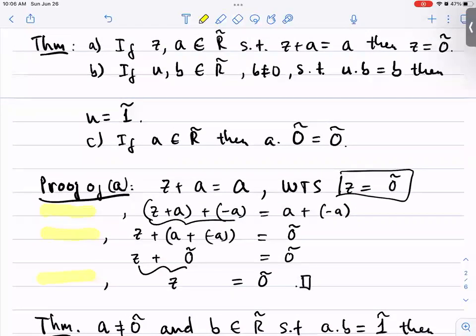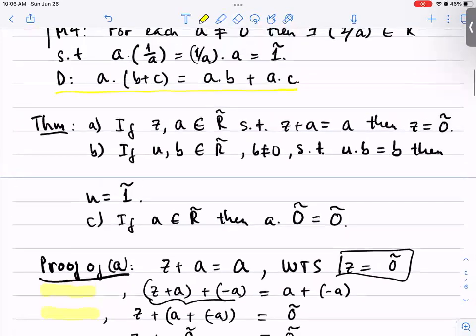Part A says that Z plus A is equal to A. And we want to show that Z here must be equal to the 0 element. So what do we do?